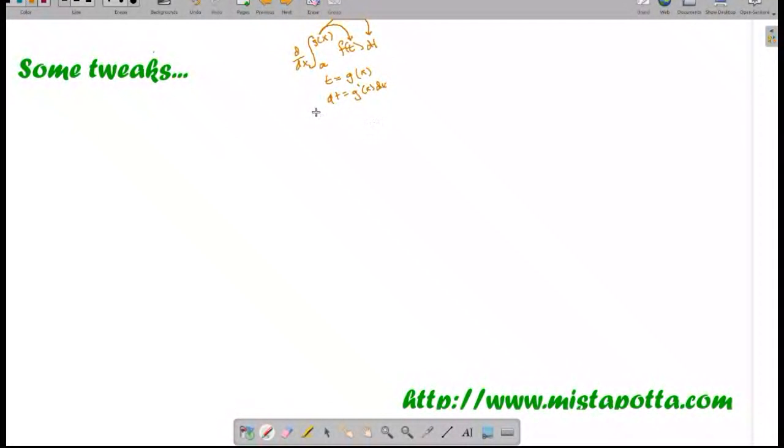It's almost like one of those u-substitution problems that we did back in chapter 6. So the idea here is that I should end up with f evaluated at g of x times g prime of x. And this should look very familiar because this looks like the chain rule.